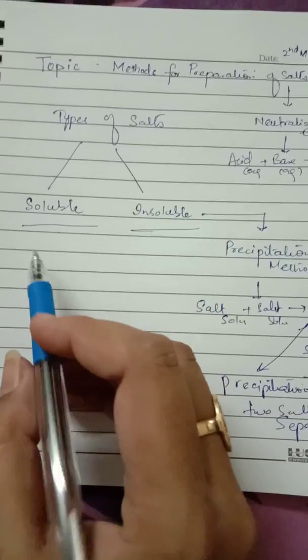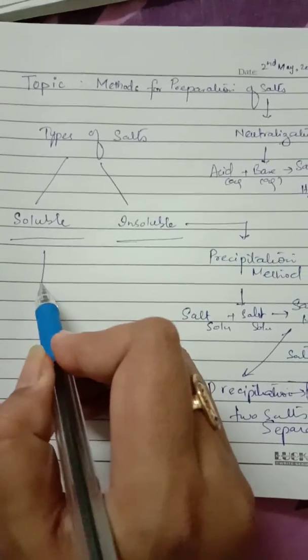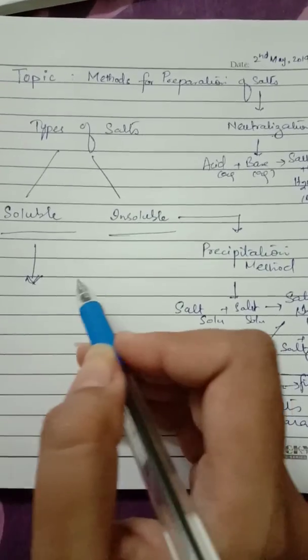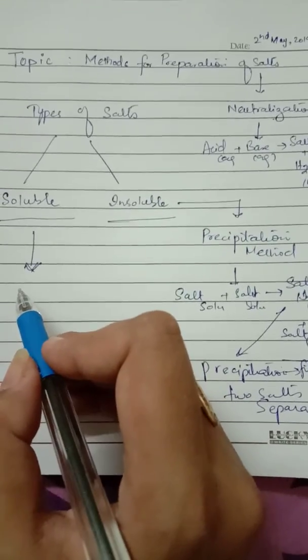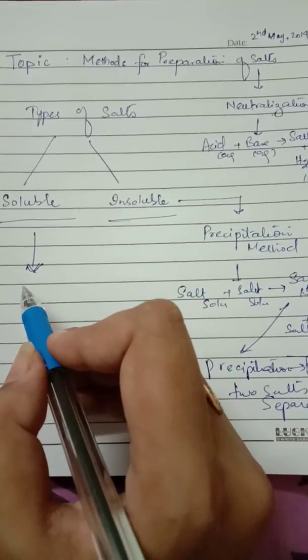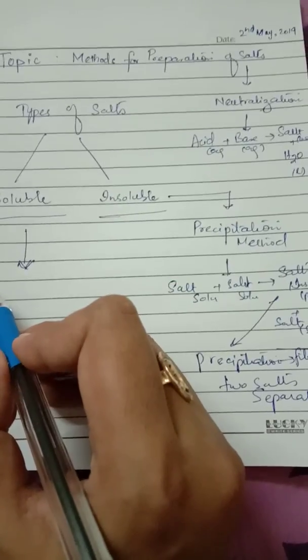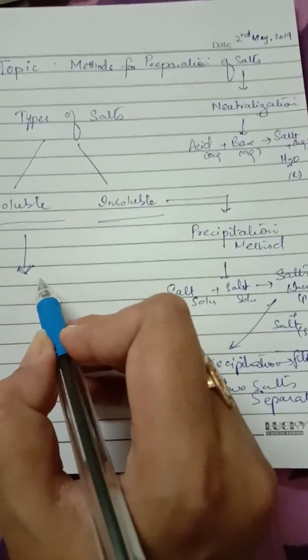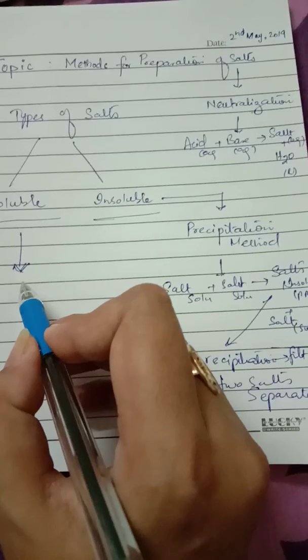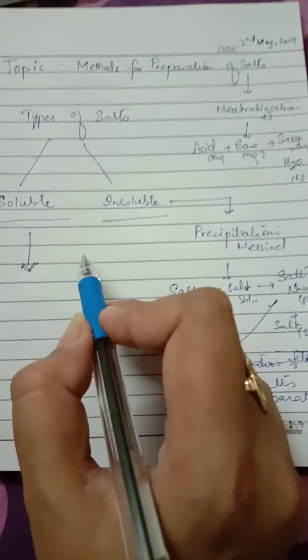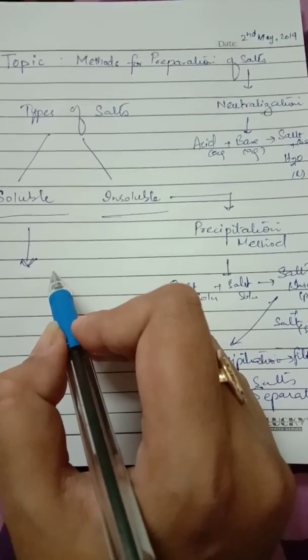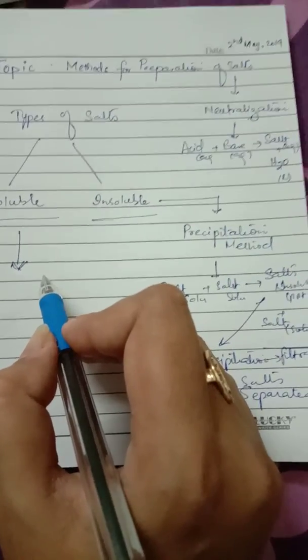Similarly, we have some salts which are soluble, and for soluble salts we have different methods. We have categorized the methods into two categories depending upon the experimental techniques which we are going to use.